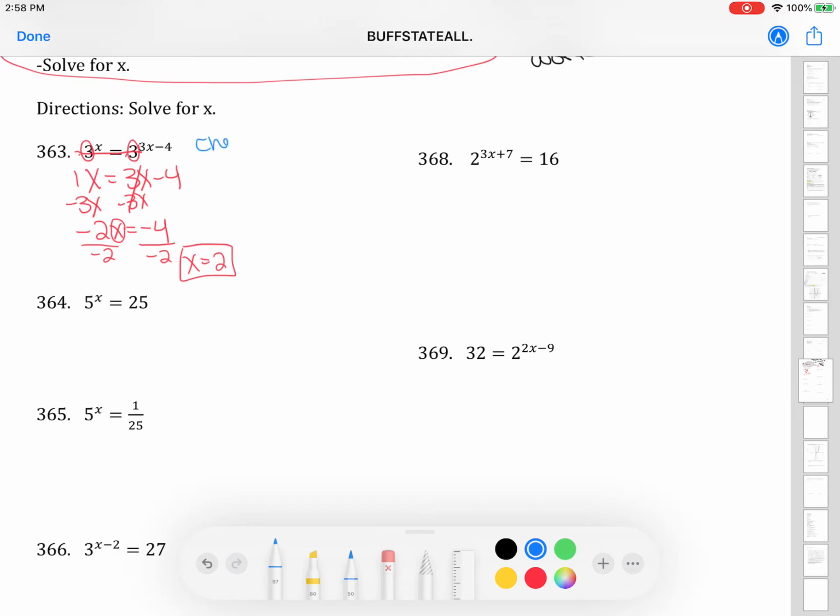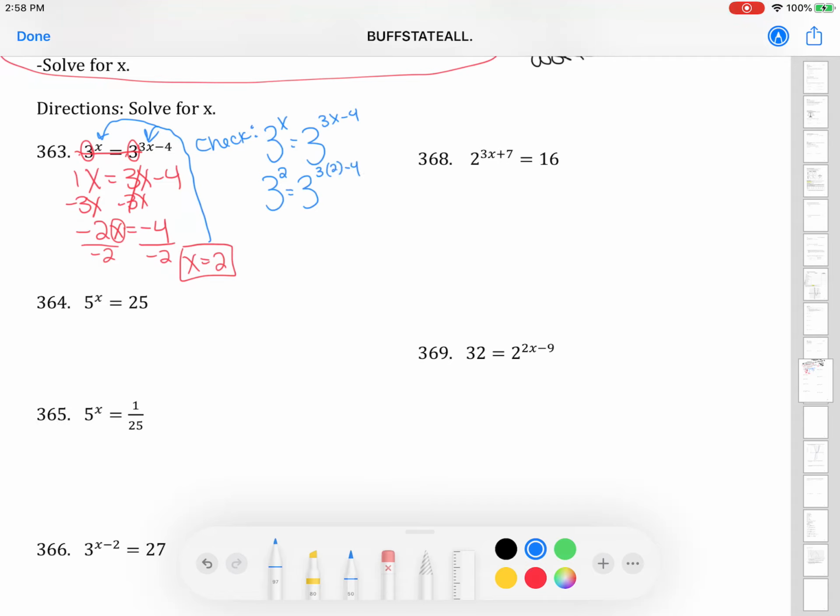Now, I'm really only going to show you this once, but you can check every single equation every time, no matter what kind of equation you have, as long as you plug that x back into your original everywhere you see an x. So my original equation was 3 to the x equals 3 to the 3x minus 4. I'm going to plug in a 2 everywhere I see an x.